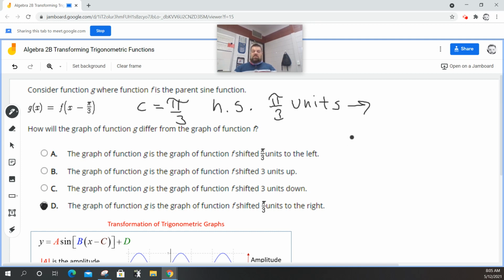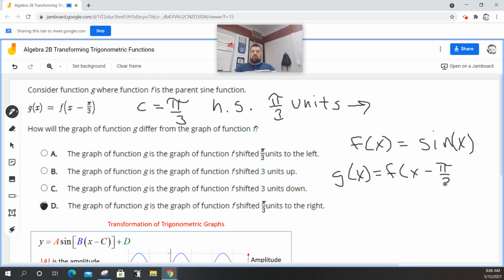Because g of x, so let me explain this. f of x is equal to sine of x. And so g of x is equal to f of x minus pi over 3.